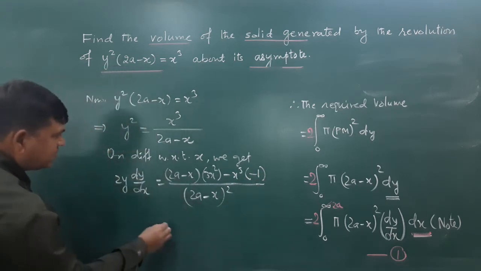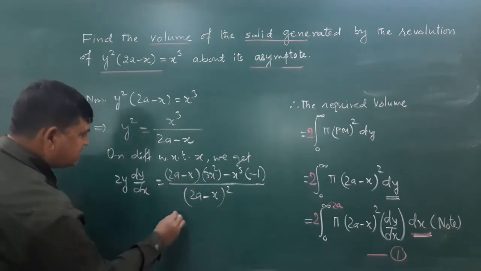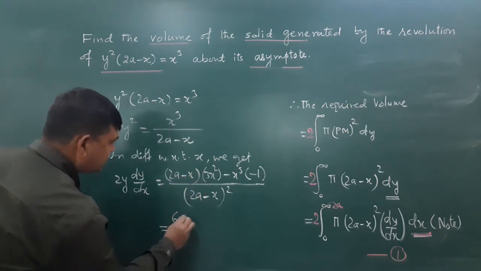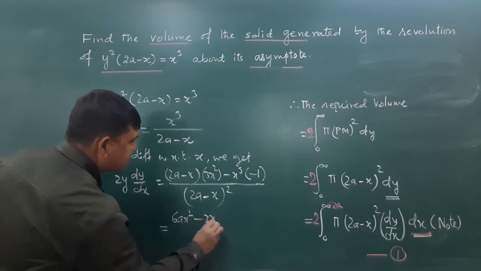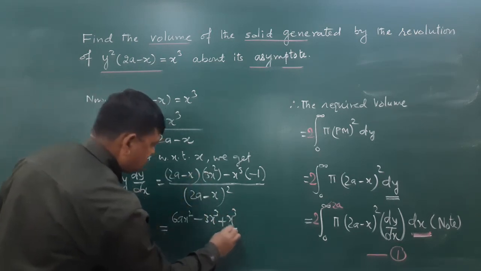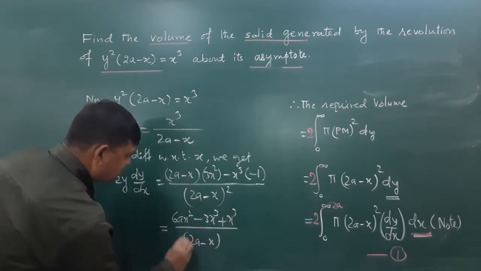Okay. It is 2 3 is 6 x square, a x square minus 3x cubed, then it is plus x cubed upon 2a minus x whole square.